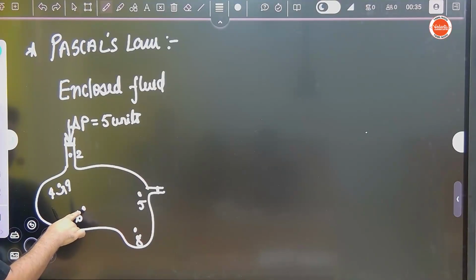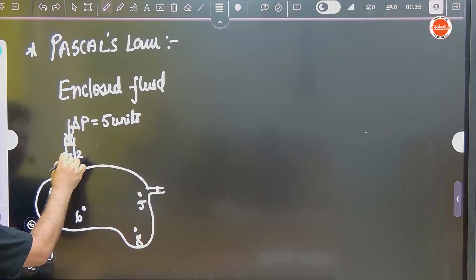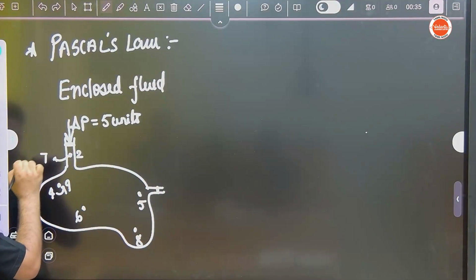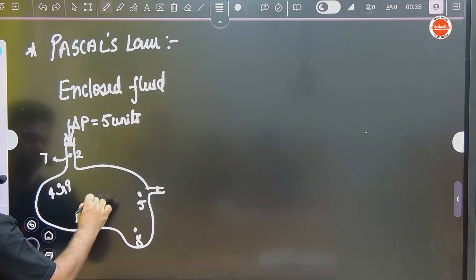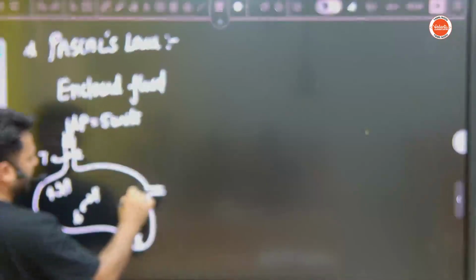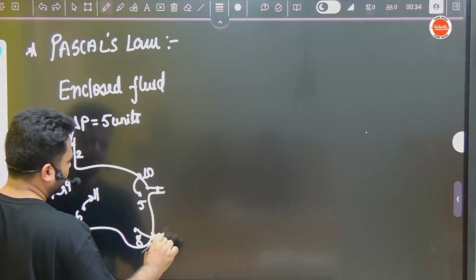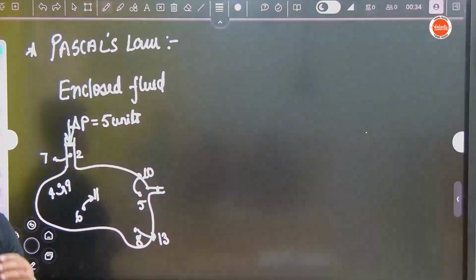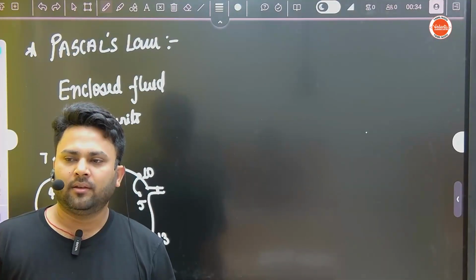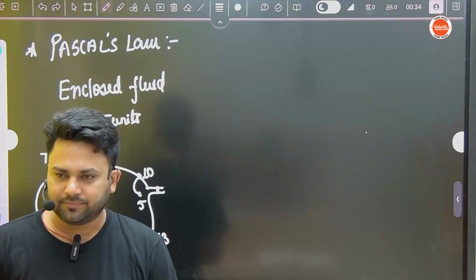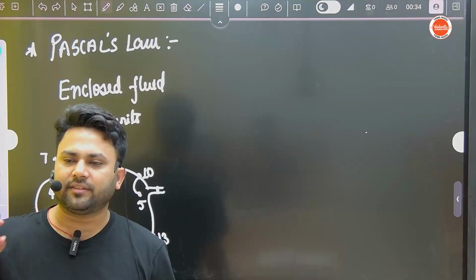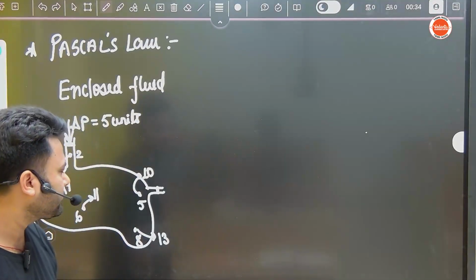At this point from 2 to 7. 6 to 11. Here 5 to 10. Here 8 to 13. It means the extra pressure will travel undiminished in all directions. Without being wasted, in all directions extra pressure will be added.